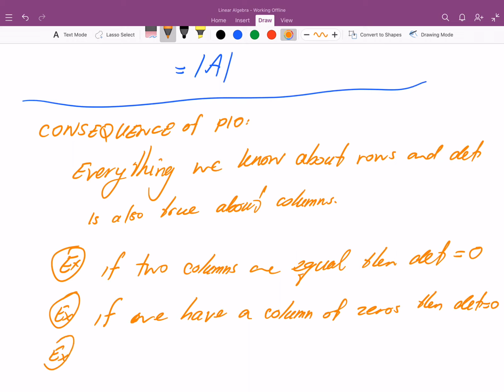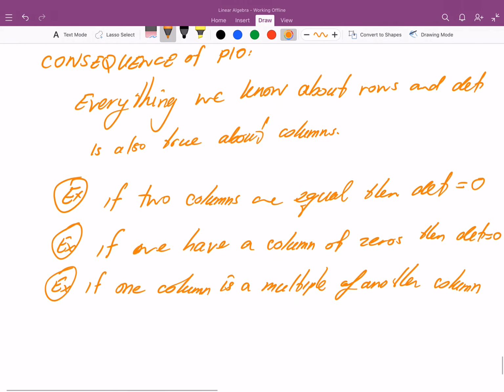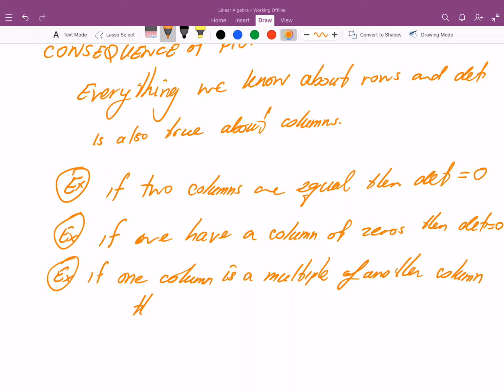And one more. If one column is a multiple of another column, then the determinant is 0.